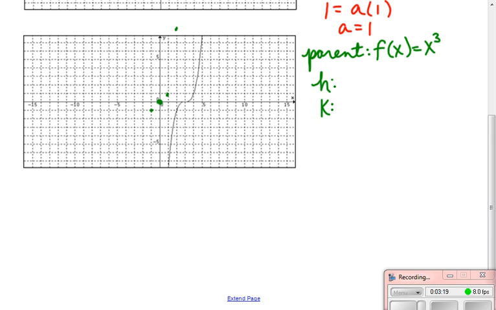My parent would go somewhere like that. So how have I gotten to this graph here? Well, I haven't gone up or down, so I have 0 up or down, and I have moved my vertex 1, 2, 3 units right.